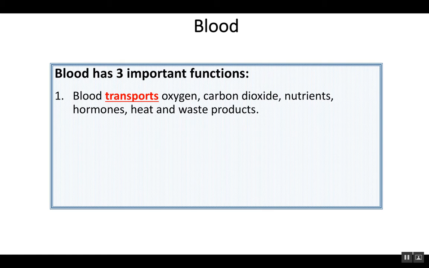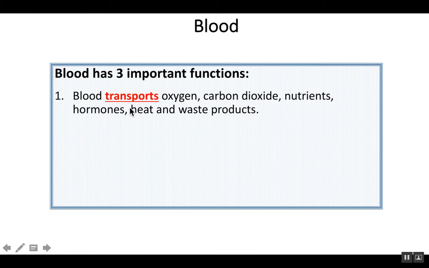Blood has three main functions. One is transportation. Blood transports things throughout the body. Those things include gases like oxygen and carbon dioxide, nutrients such as glucose, amino acids, vitamins and minerals, regulatory substances like hormones and enzymes.